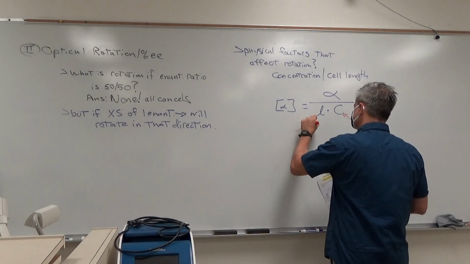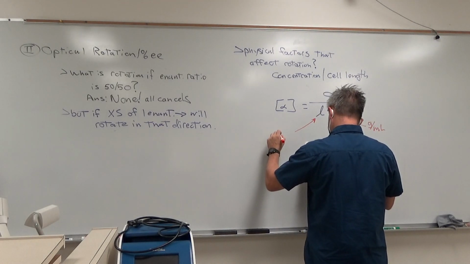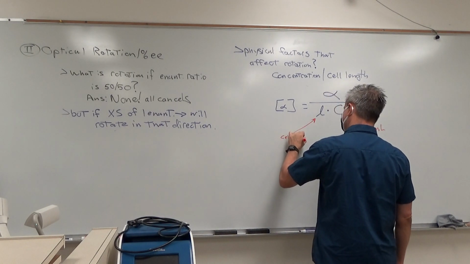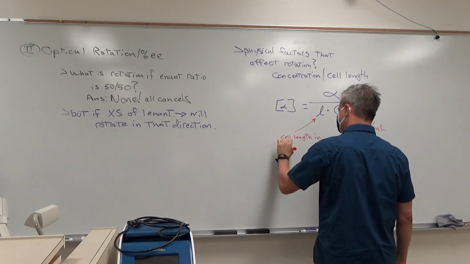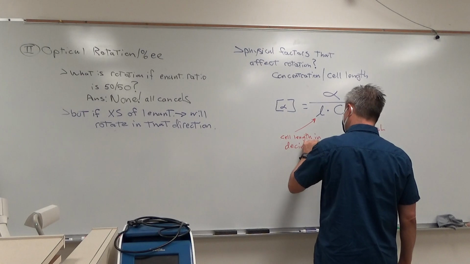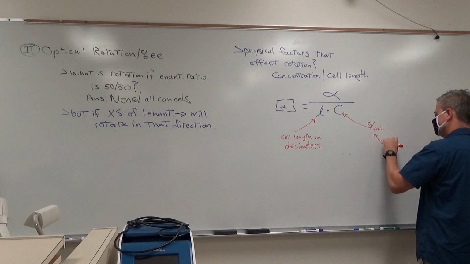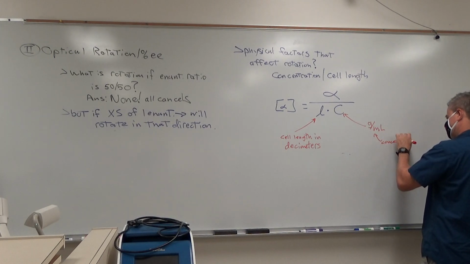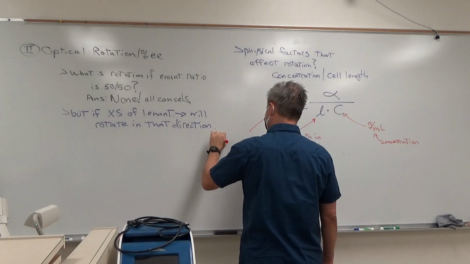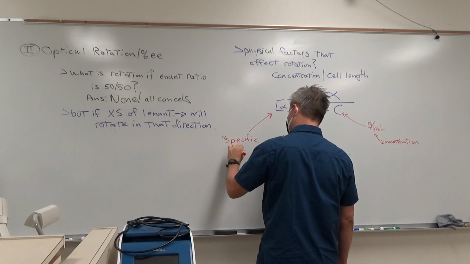This is most often a decimeter. So that's cell length in decimeters. Concentration, obviously. And then this is specific rotation.